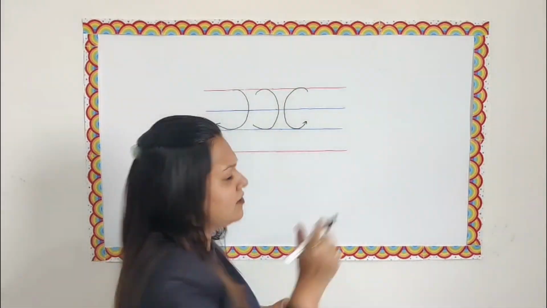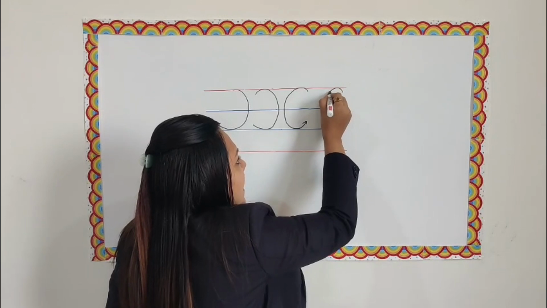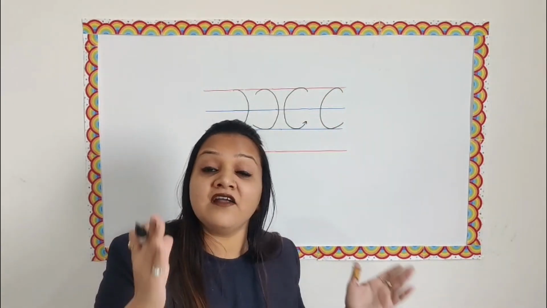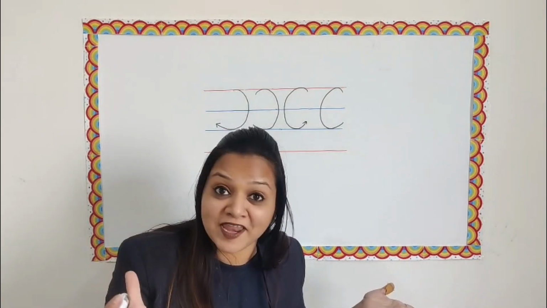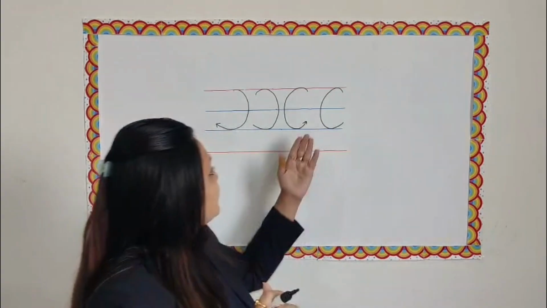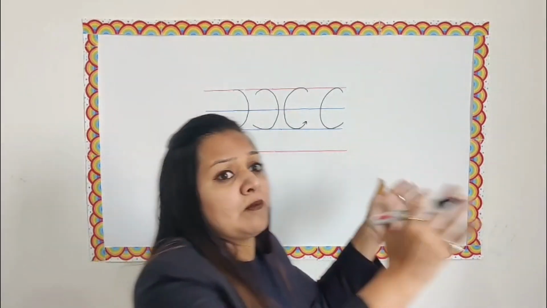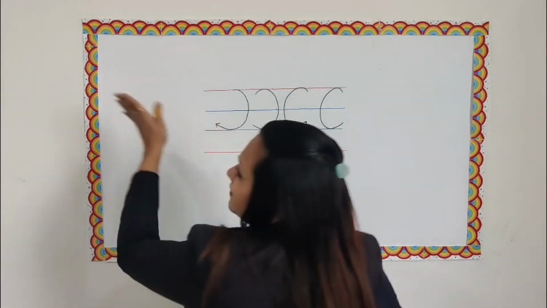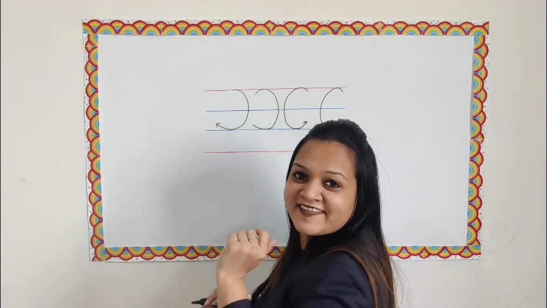And now one more. Yes, it's like a C. And C is a right curve. Very good, children. You all are so genius. Yes. So this is a right curve which is open towards the right side. And this is the left curve which is open towards the left side.